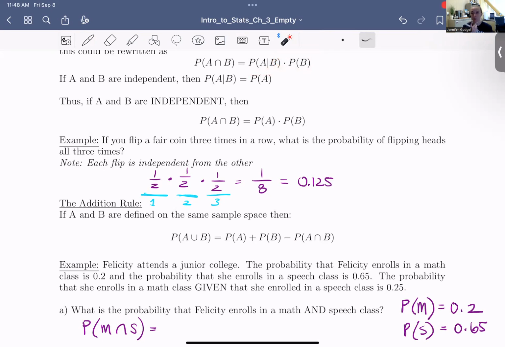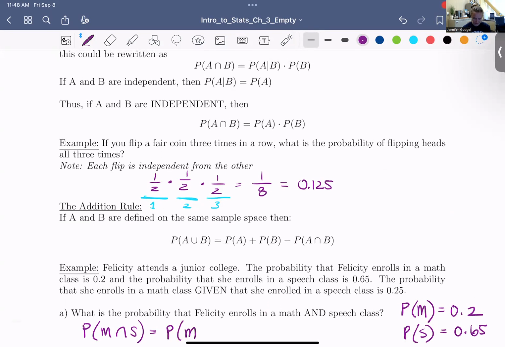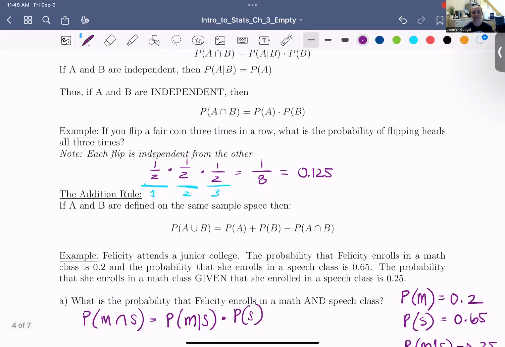In the other direction, when you were doing the formula for conditional, it was the and statement divided by the given piece. Here, if you're looking for the formula for an and statement, it's the conditional, so in this case P of M given S, and then instead of dividing out the given, we multiply times P of S.